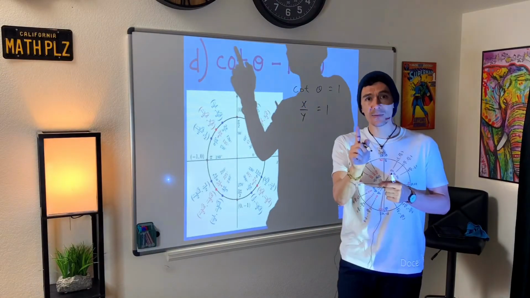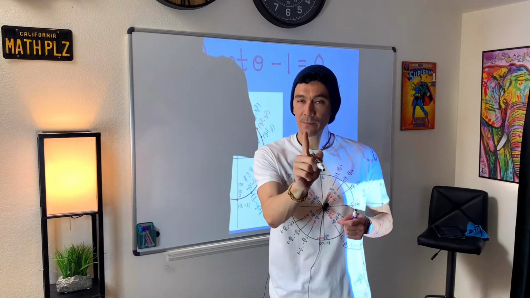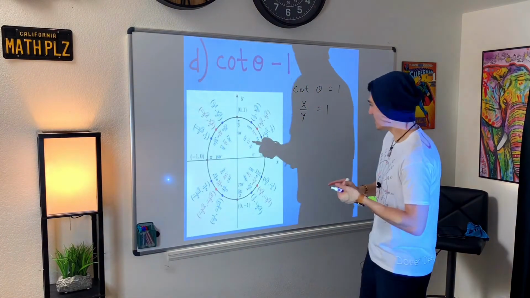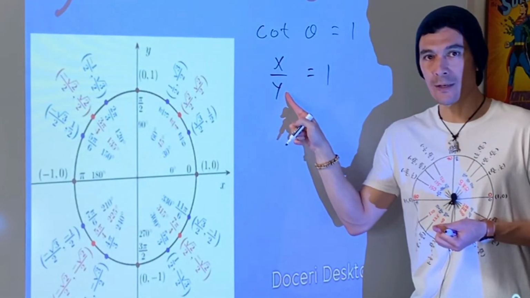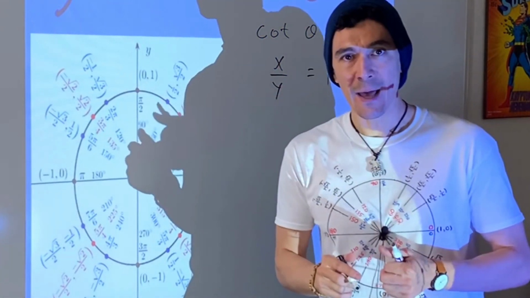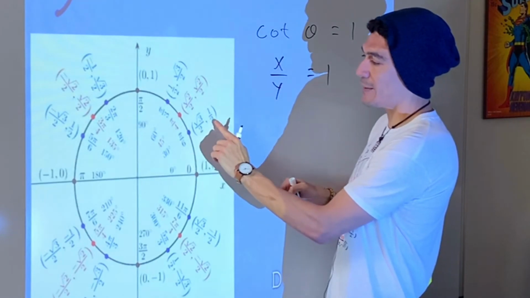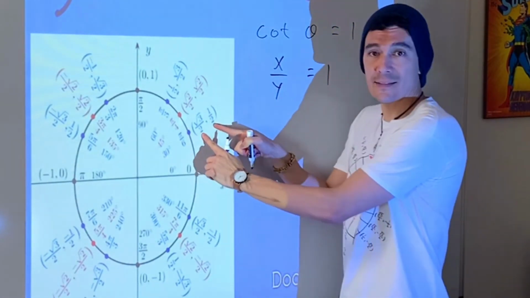Now this is a matter of interpretation. Guys, don't be a robot. Be a human being and think about what this is saying. What is this saying? This is saying x coordinate divided by y coordinate equals 1. Where do I go so that that happens? For instance, if I go here, if I go this divided by that, is that 1? Of course not, because these are not the same number.